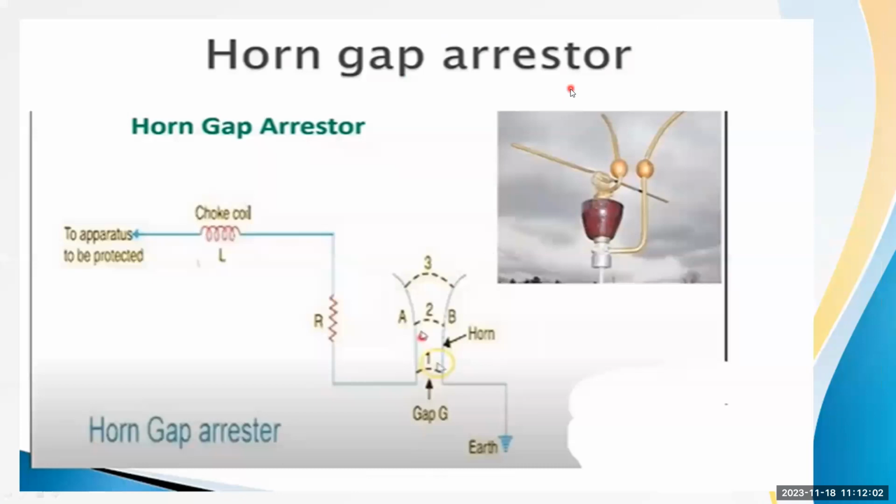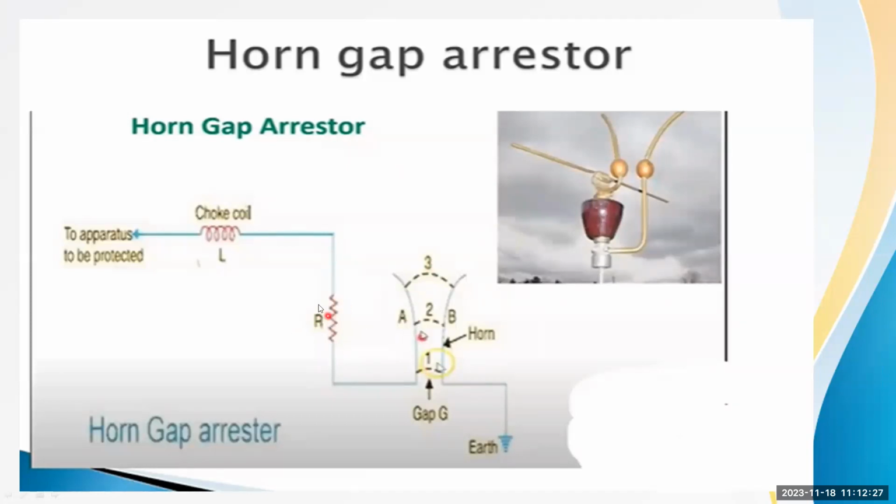Next, the horn gap arrester. Here, the electrical equipment to be protected, such as a transformer or any other equipment, is connected through a choke coil and a horn gap. The gap changes like this, in positions 1, 2, 3, increasing between these two horns.